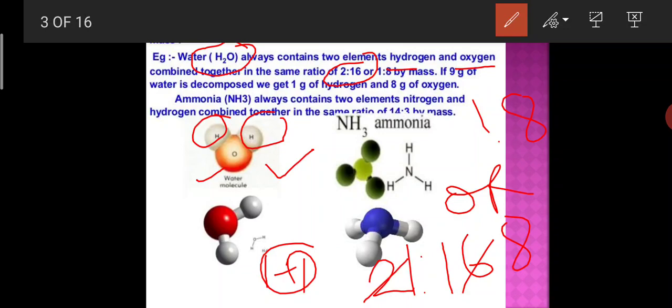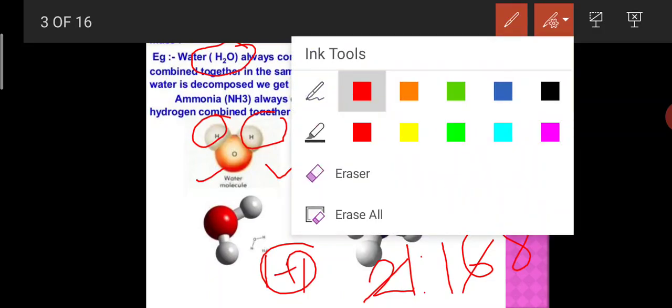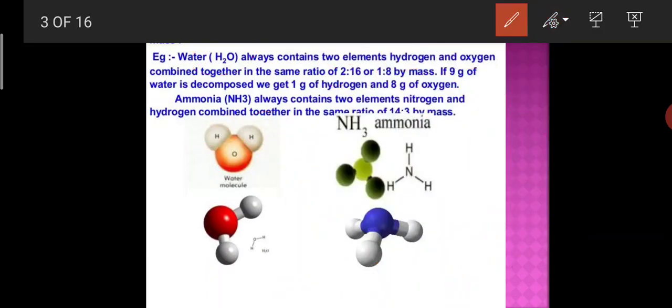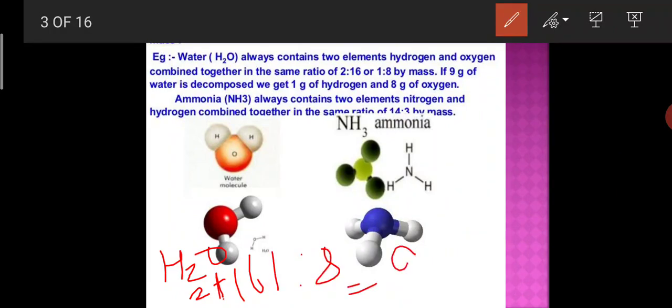So the water ratio is 1:8, and 1 plus 8 is equal to 9 gram. 9 gram of water. If I write here H2O, listen carefully: 2 plus 16, so 2:16, but we can apply the table of 2, so 1:8, and 1 plus 8 is 9. So how much is the mass of our water? 9 gram.